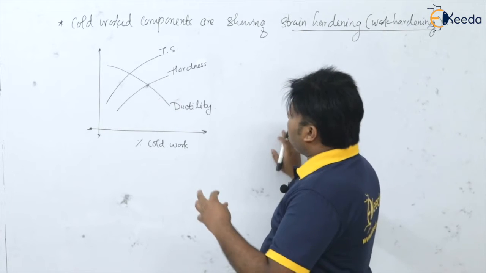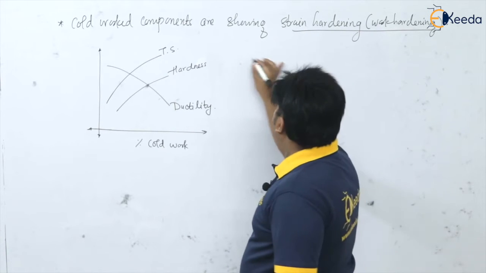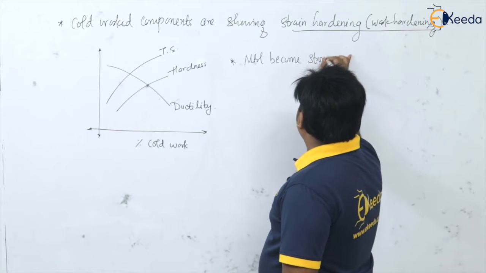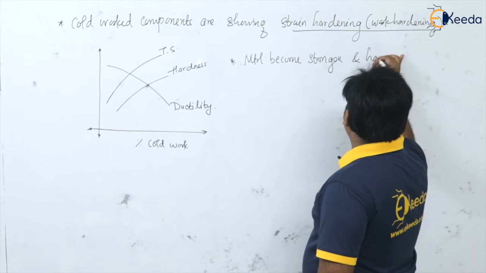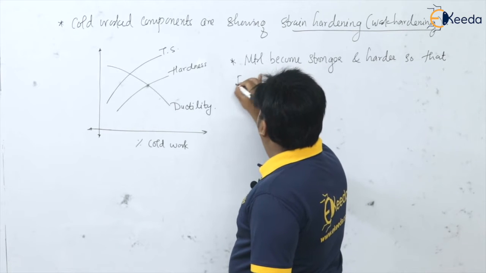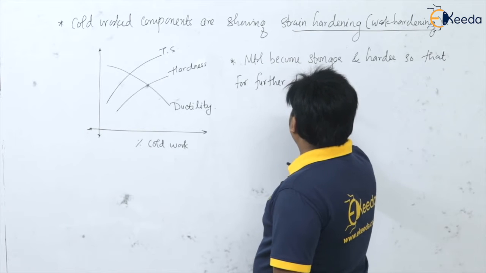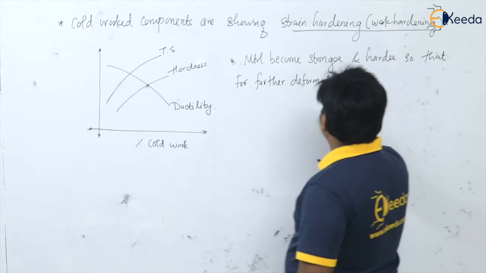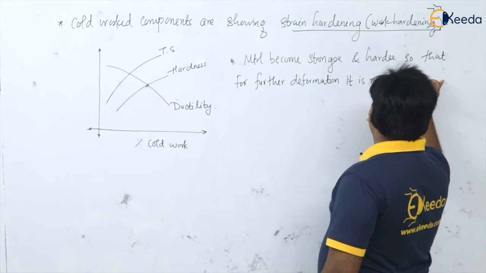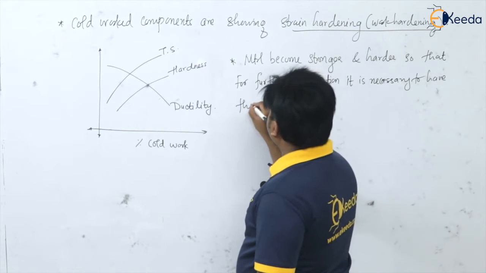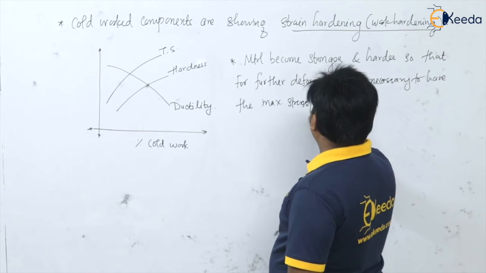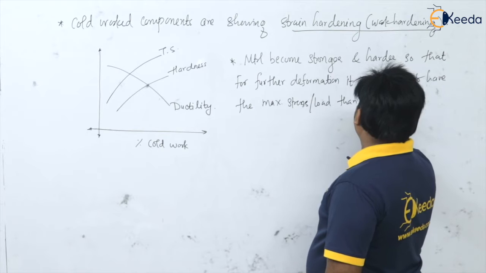So see, when the material is subjected to cold work, the material becomes stronger and harder, so that for further deformation it is necessary to have the maximum stress or load than the previous.